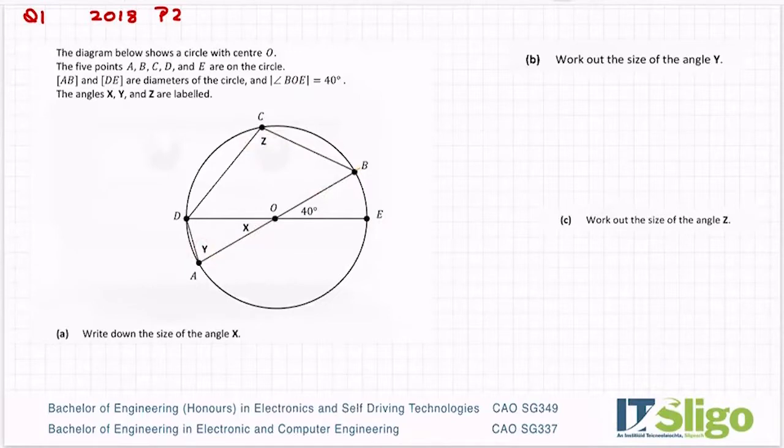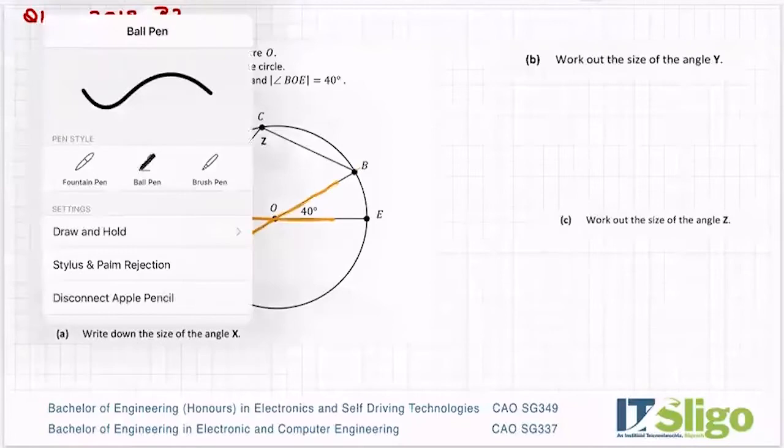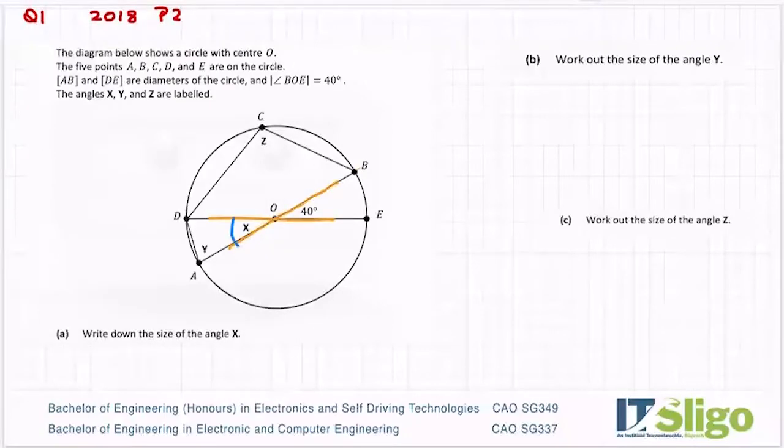Okay, so continuing on with all the theory we've been doing on geometry, can you see our X here? If you remember from our theory, X is equal to 40 degrees.